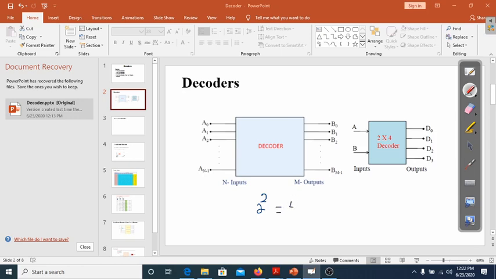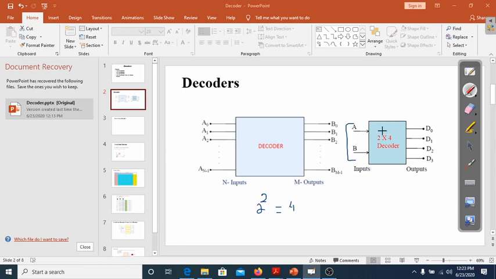So as in this example, this block diagram is a 2 cross 4 decoder. Here A and B are binary bits. So if there are 2 binary bits, there would be 4 combinations, I mean 0 0, 0 1, 1 0 and 1 1.